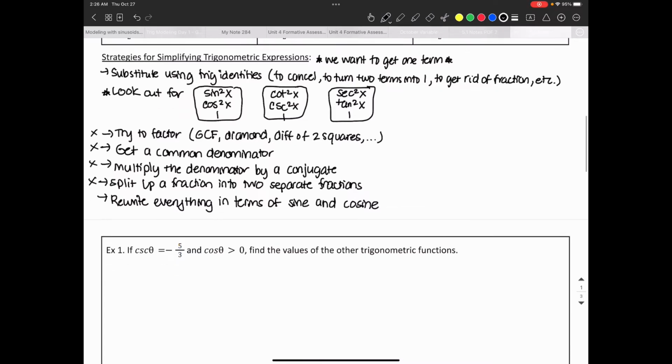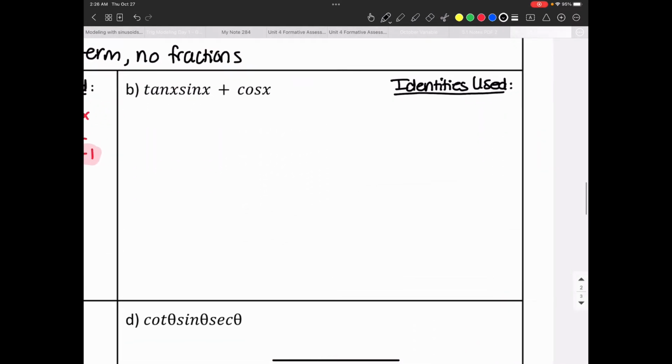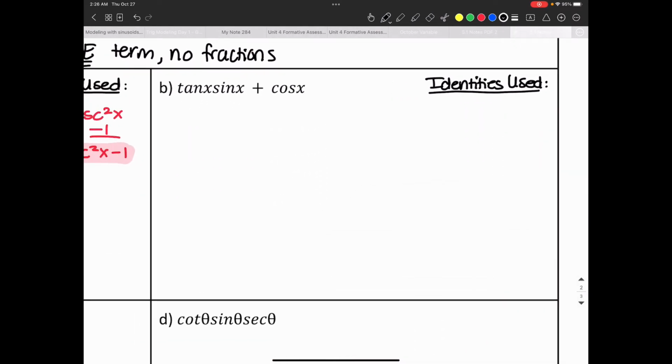So I'm going to try to rewrite everything in terms of sine and cosine, but that will require rewriting using identities that I know. So I have sine and cosine here. I just would want to change tangent of x into sine and cosine. So I know that tangent of x in terms of sine and cosine is sine of x over cosine of x.